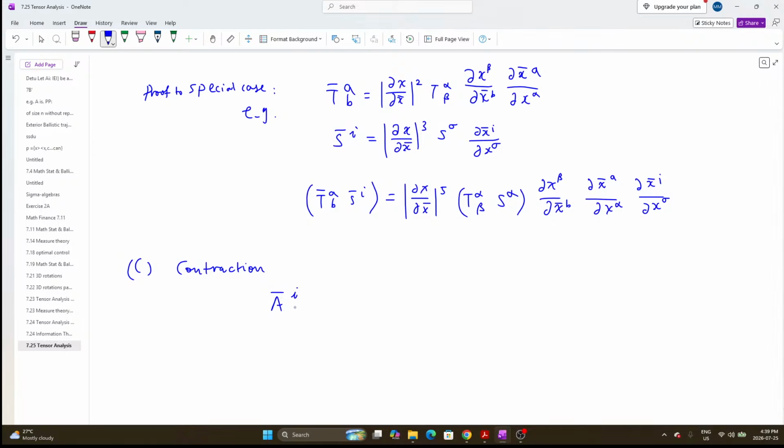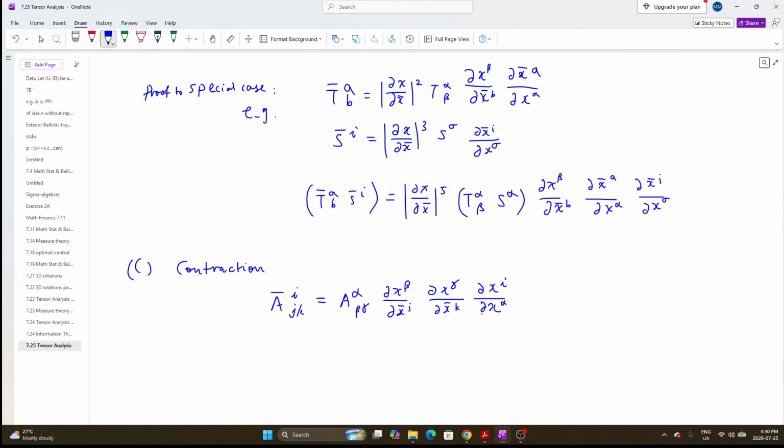A bar ijk, mixed type, equals A alpha beta gamma, times dx beta over dx bar j, times dx gamma over dx bar k, and finally the upper contravariant index, dx i over dx alpha.